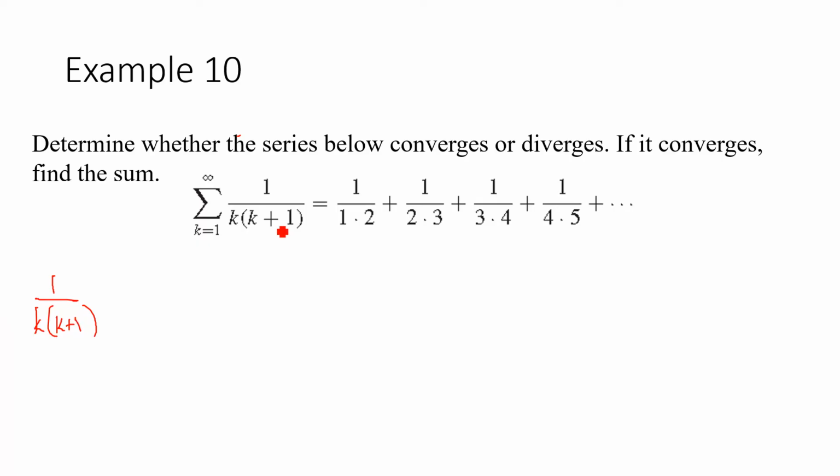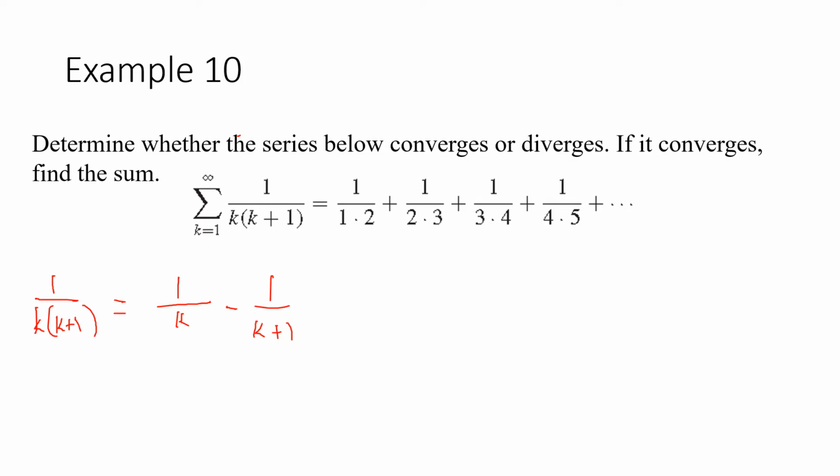Okay, so using the partial fraction, then we have this one. I believe that partial fraction is discussed to you in the previous calculus. So that would be 1 over k minus 1 over k plus 1. That would be our partial fraction.